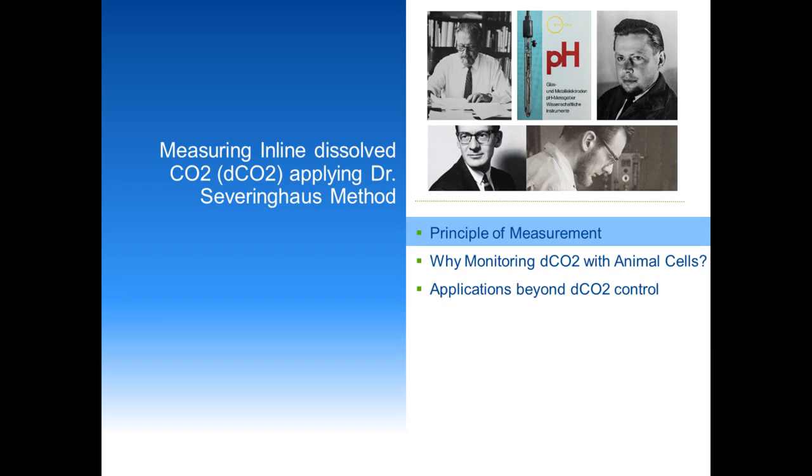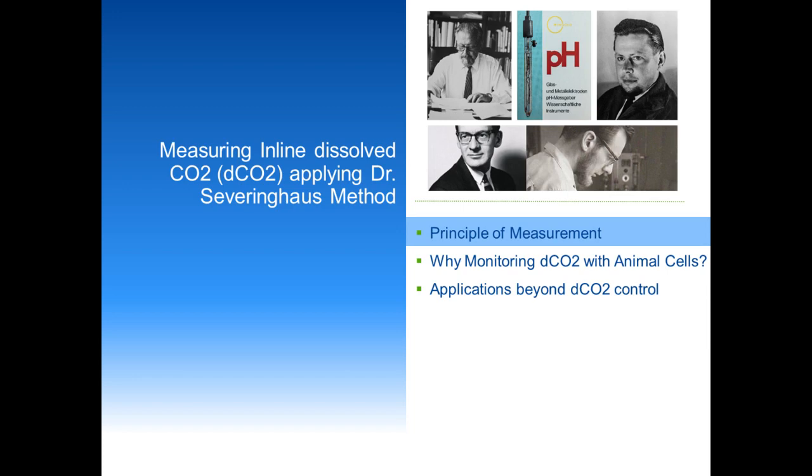Here is the overview of the agenda. I will start by giving you some background information about the Severinghaus method as the principle to measure dissolved CO2 in culture media. Then I will review quickly the most important reasons to monitor dissolved CO2 with animal cells from the bench to the manufacturing floor, the largest volumes.